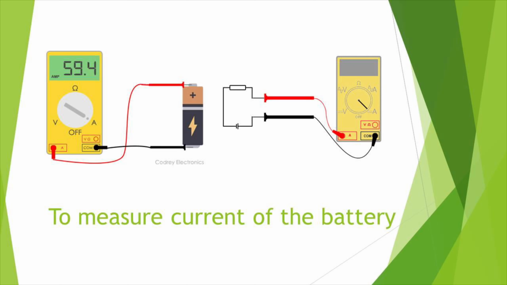Another one is the same as before. To measure the current of the battery, just touch each end of the probe to the battery ends, and turn the switch to ampere, so you can find the milliampere value of the battery.